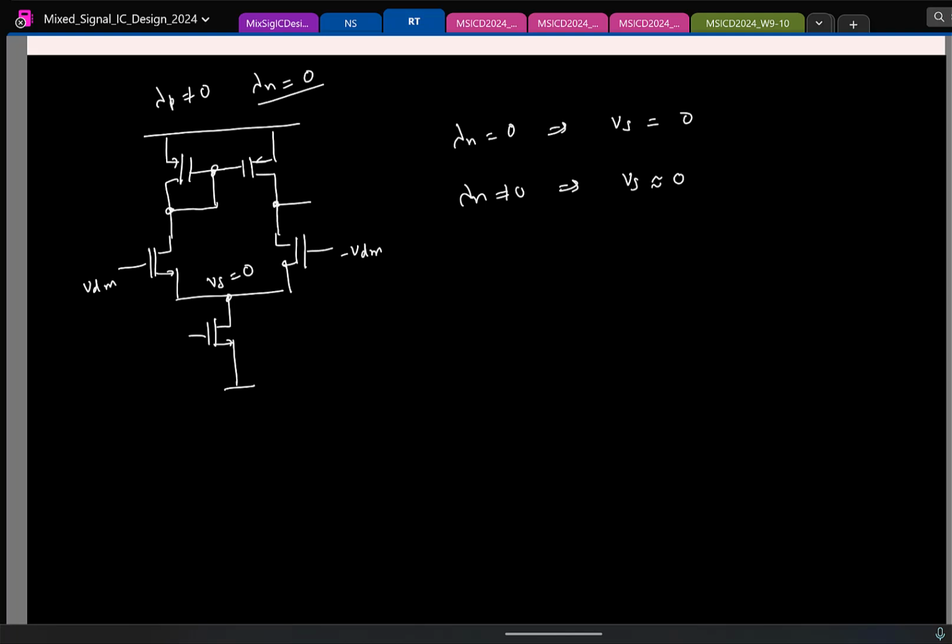For this one we have already seen the differential mode gain, and that was gm of the NMOS times the rds of the PMOS. Now we have found the differential mode gain. What is the next thing to do? Common mode gain. So let's do that.